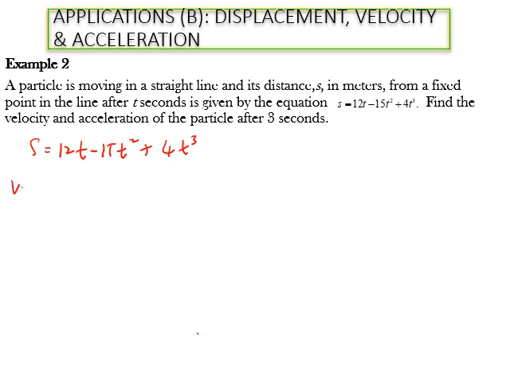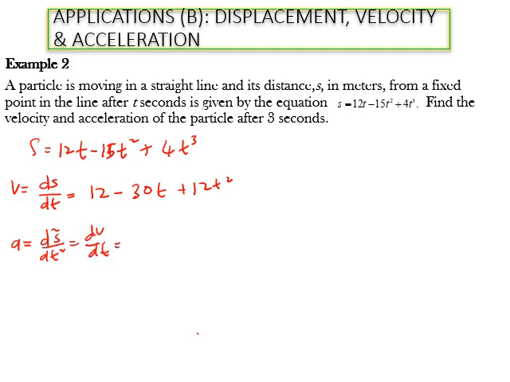To get v, the function v is just ds dt, so differentiate one time, so you get 12 minus 30t plus 12t squared. To get A, differentiate ds dt one more time, or dv over dt.